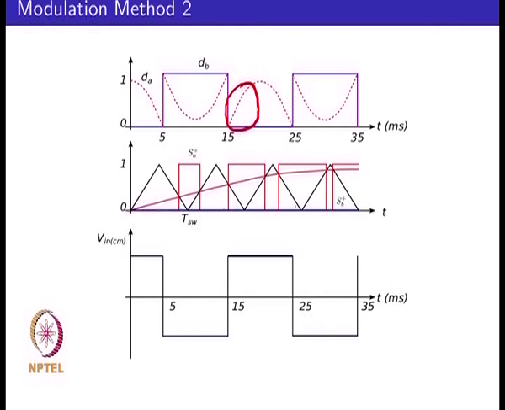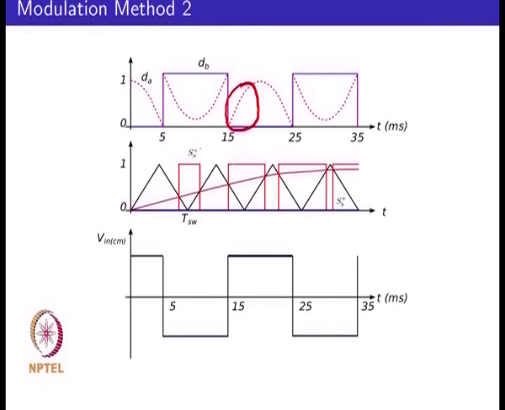SB plus is now just staying low. Your SA plus would now be switching between 0 and plus 1 depending on the amplitude of this dA signal. And you can see that your effective output frequency is now FSW. So, you lose the advantage of 2 FSW that you had in the previous modulation case.